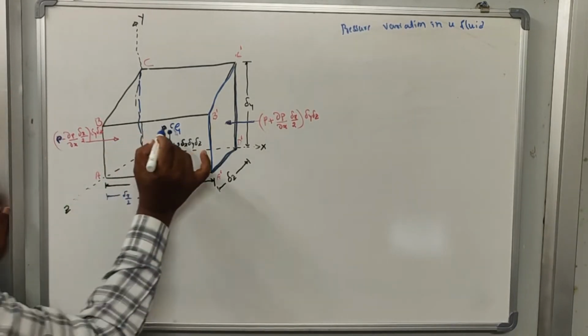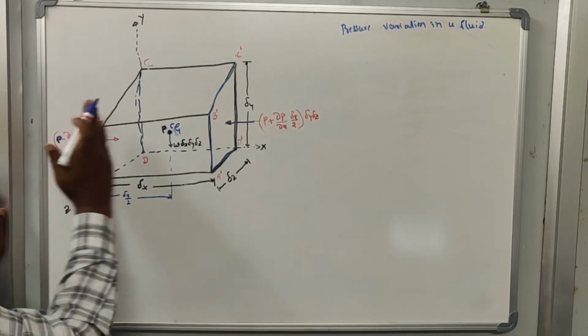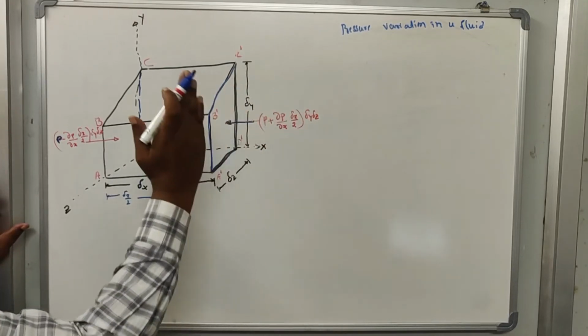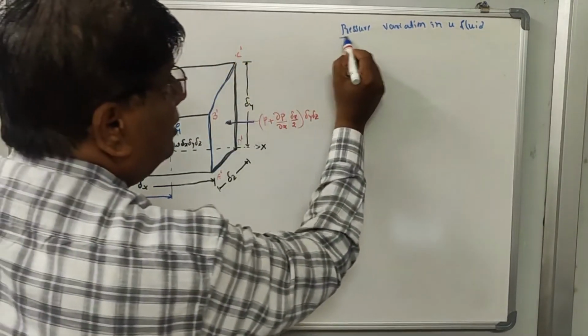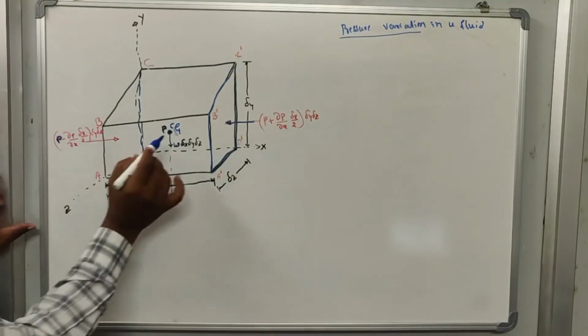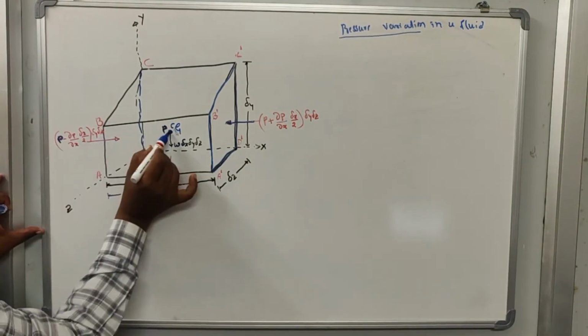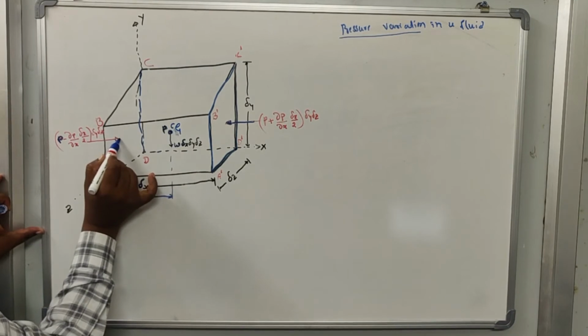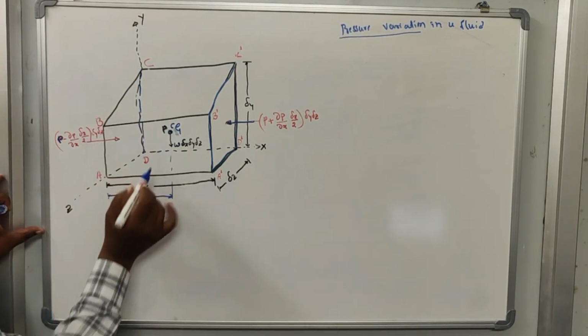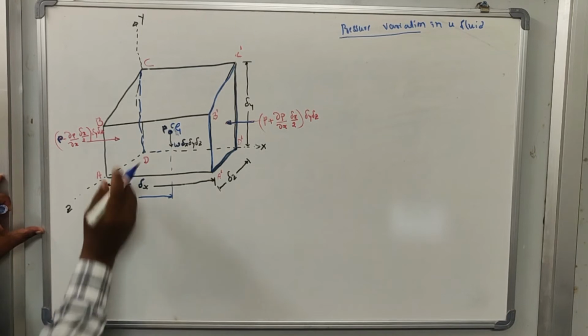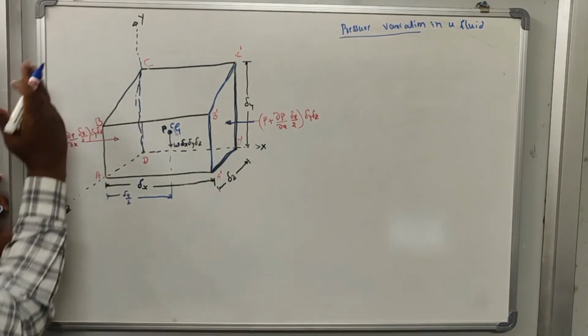So pressure is P and pressure varies in the x direction, because this is what we are studying. So this is the pressure at this point, then the variation of pressure from this point to this surface over a length of delta x by 2, since this plane is lying on the left hand side.